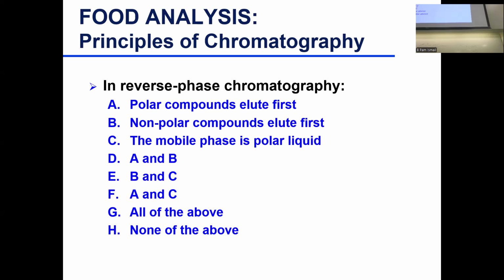And the other thing is the mobile phase is polar, because if your stationary phase is nonpolar, you want something opposite to enhance interaction of the molecule with your stationary phase. So A and C. If you don't get everything right now, we're going to have more discussion about the different types of chromatography.